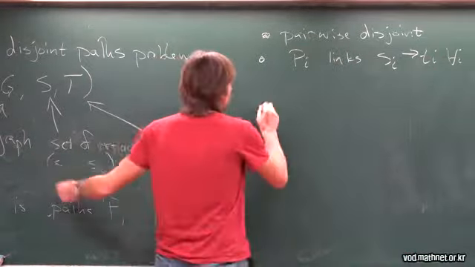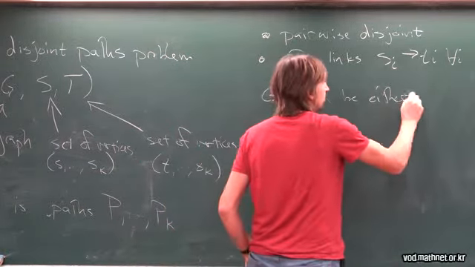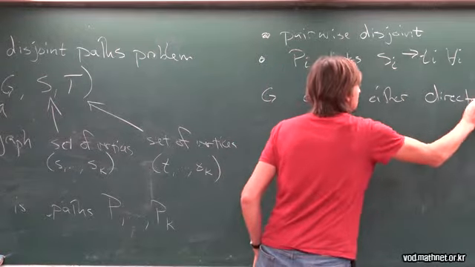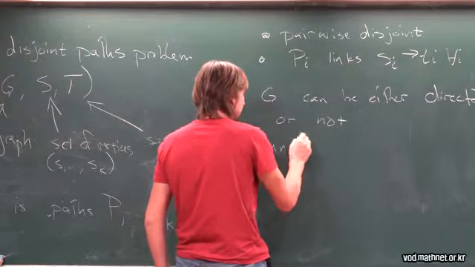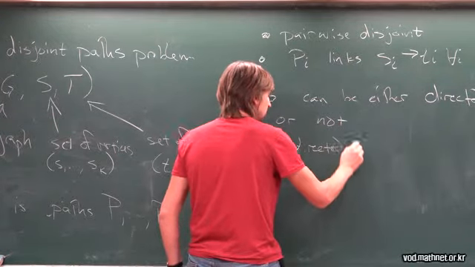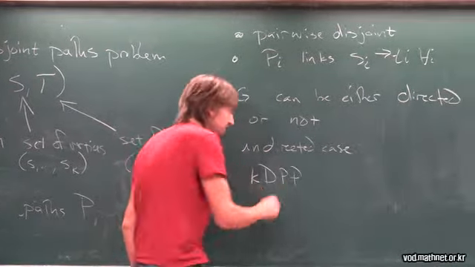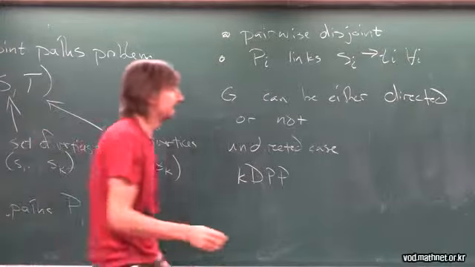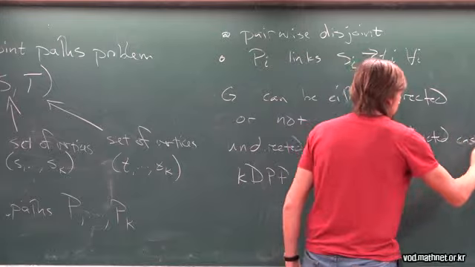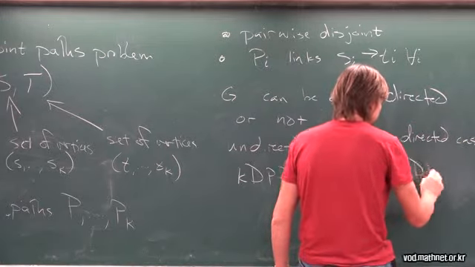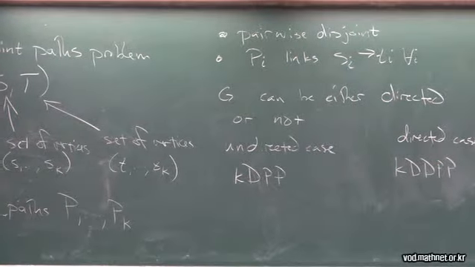So in reality, G can be either directed or not. In the undirected case, I'll just say this is the KDPP, k disjoint paths problem. And in the directed case, I'll say the KDDPP, just so I can get through the day writing everything on the board.